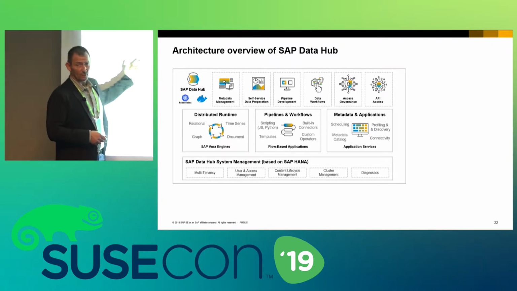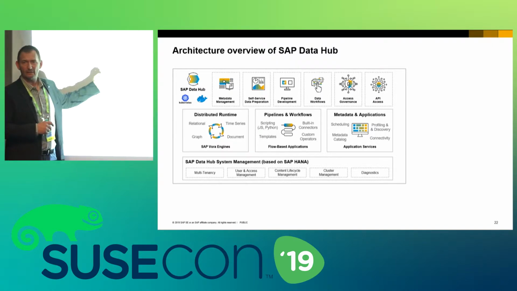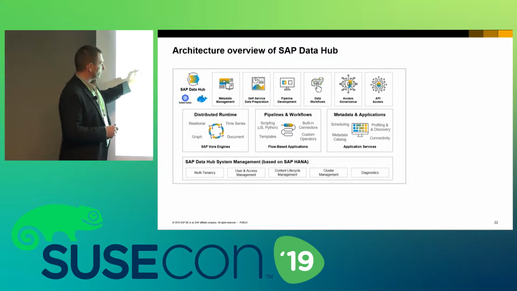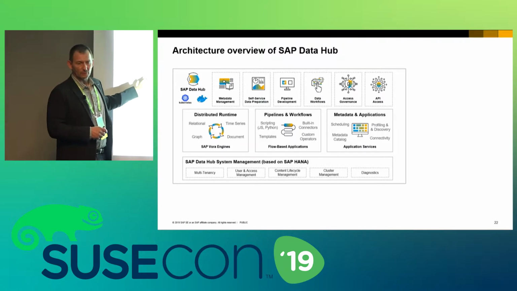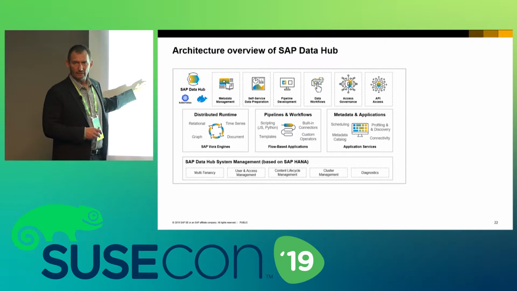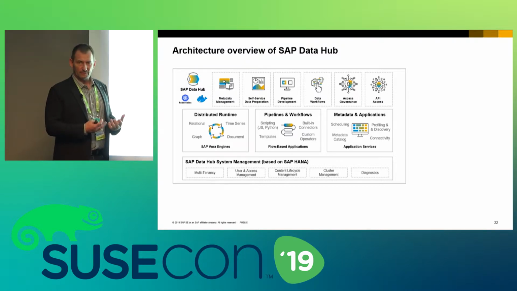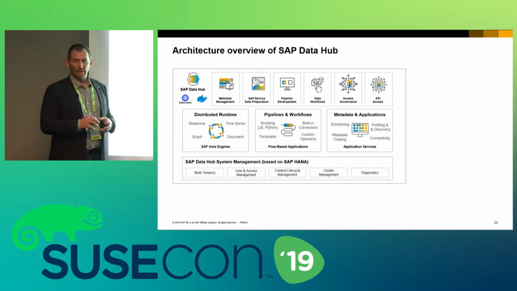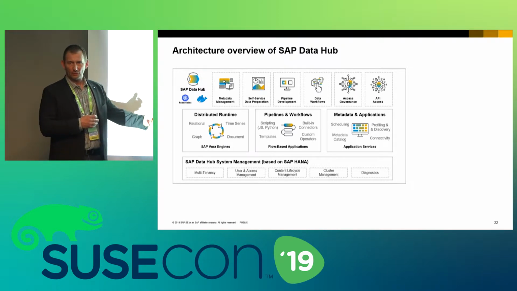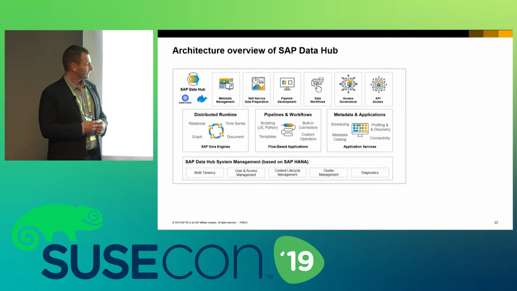The capabilities across these tiles in the Launchpad that are available, the distributed runtime, where there's also an in-memory engine available that allows you to bring data persistent into memory, into Vora engines, for example, and create relational tables out of data from S3, for example, that can create joins with actual tables in other databases.